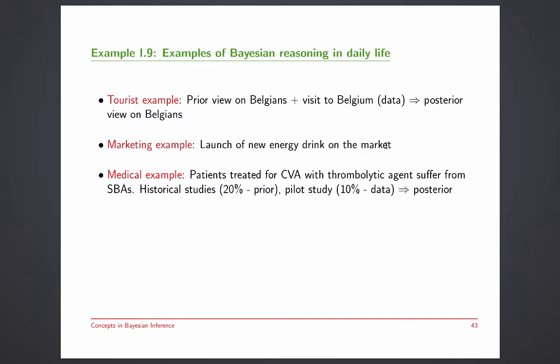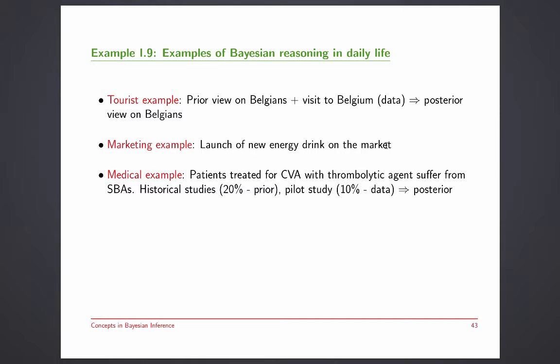Suppose patients treated for cerebral vascular accidents with thrombolytic agents suffer from severe bleeding accidents. In a previous trial, 20% of the patients suffered from these bleedings. However, suppose that also a small pilot trial was conducted, which resulted in 10% of the patients.